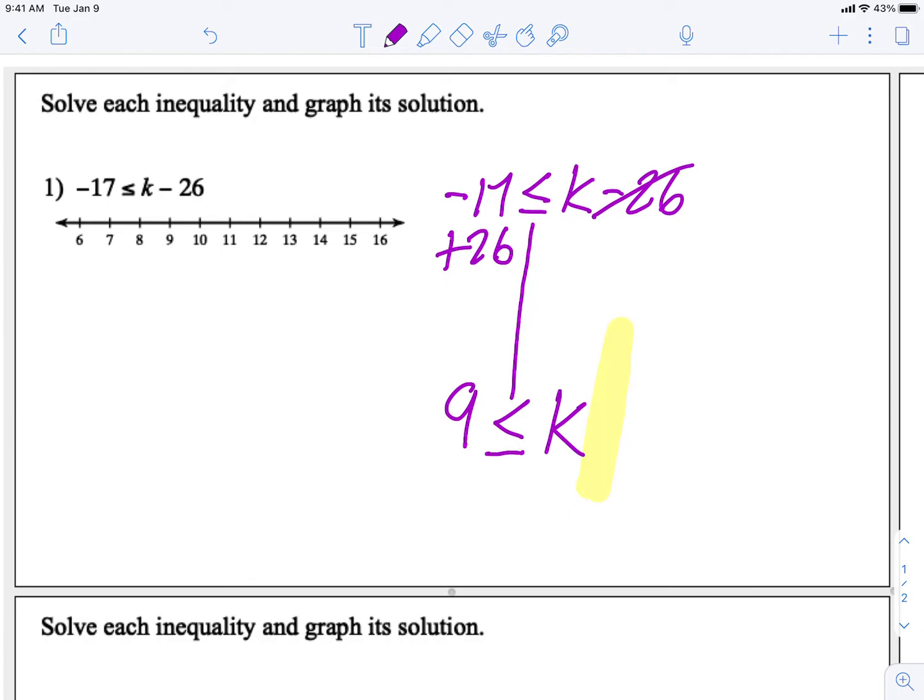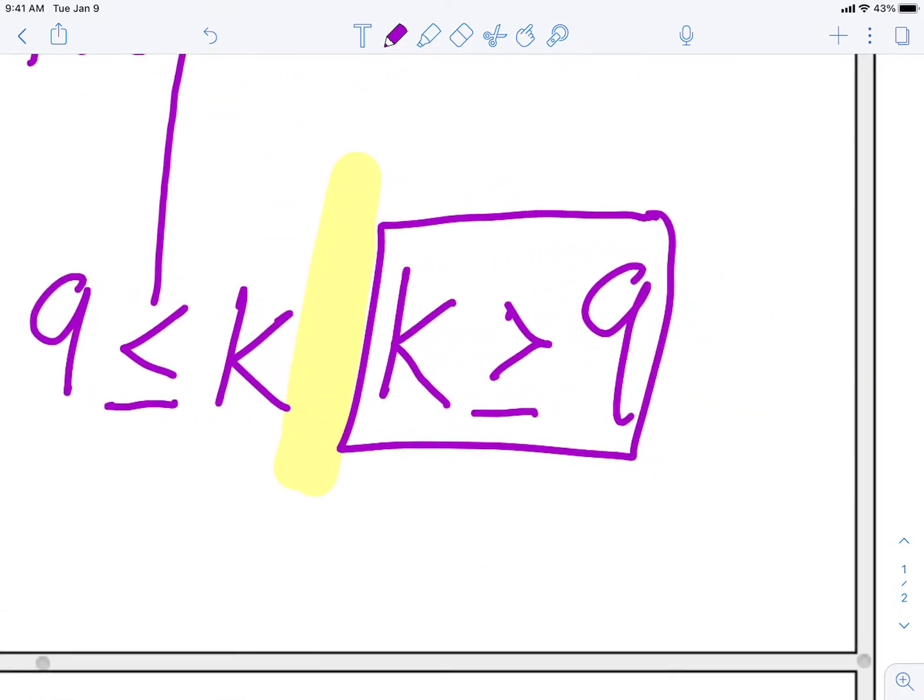So instead of k being on the right, k is now on the left. But since I am using a mirror, this arrow is going to flip and face the other direction, just like that. And the 9 stays a 9. This is my solution right there.